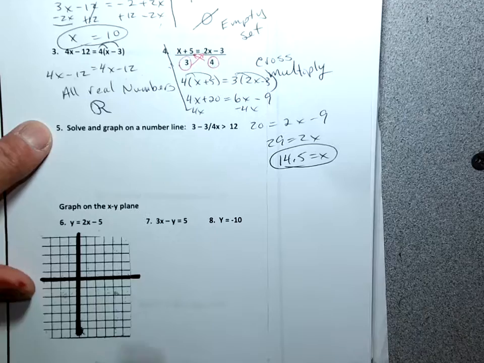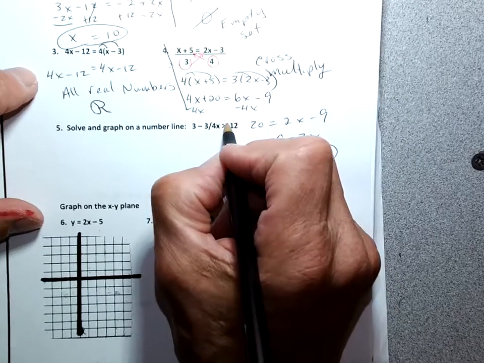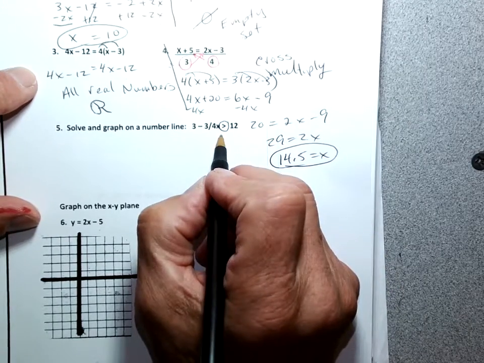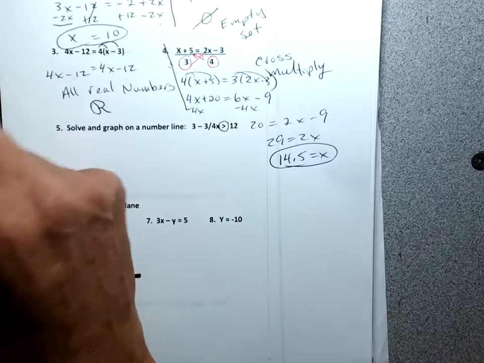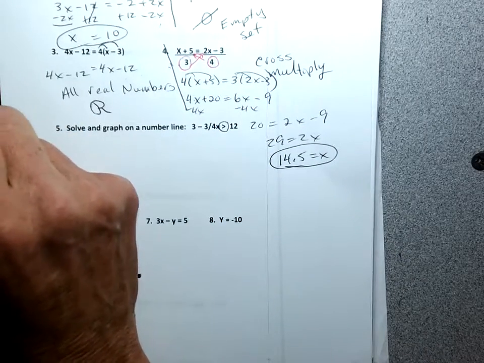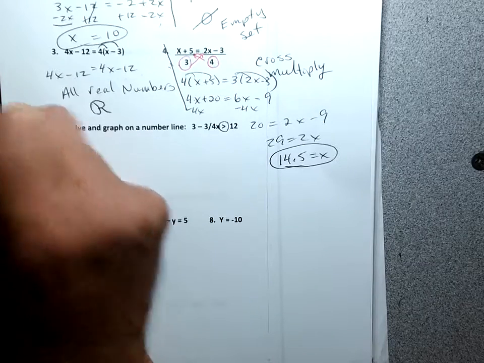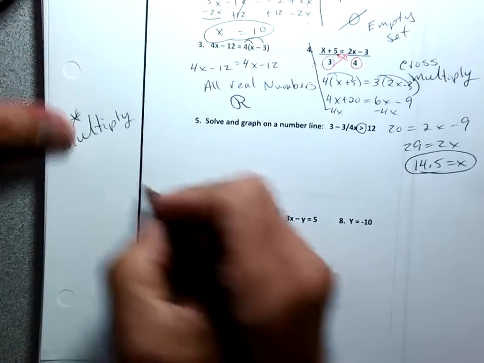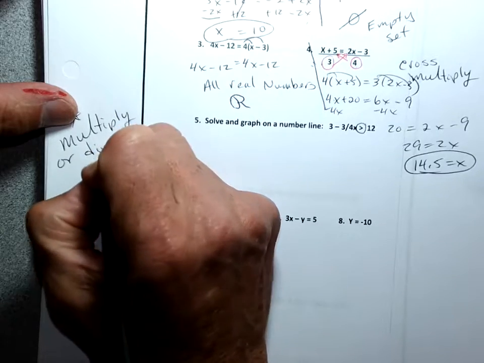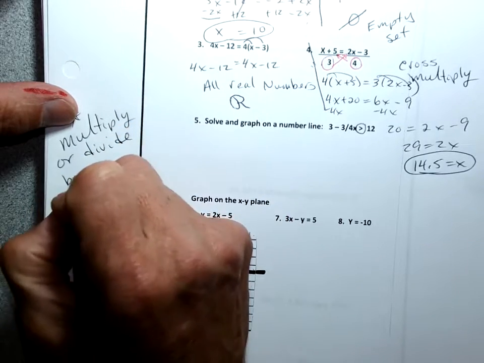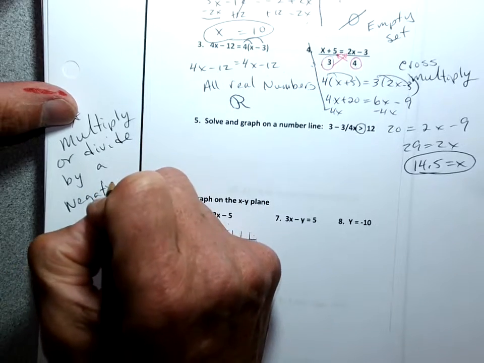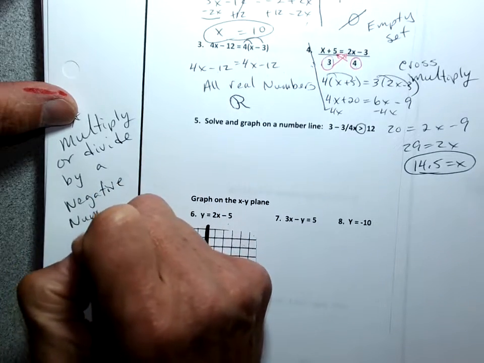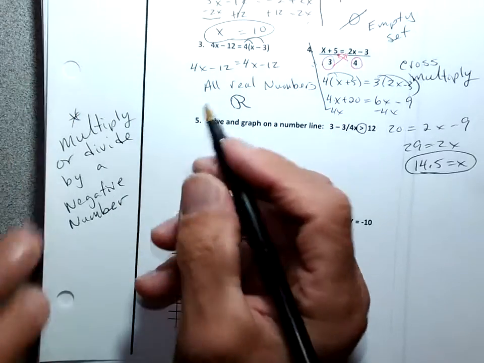Okay, example 5. Now, before we do anything, whenever we have an inequality sign, see the greater than? If I multiply or divide by a negative number, what I do is I switch the sign.